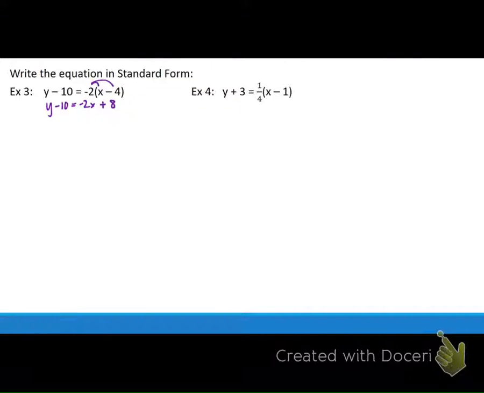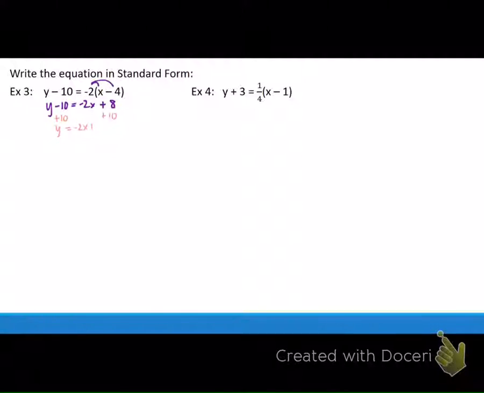Again, we're trying to get x's and y's to the same side, Grace. So what would you do next? Yep, I would do the same thing. So the easiest thing to do is go from point slope into slope intercept, and then go ahead and change that slope intercept into standard form there, Grace.